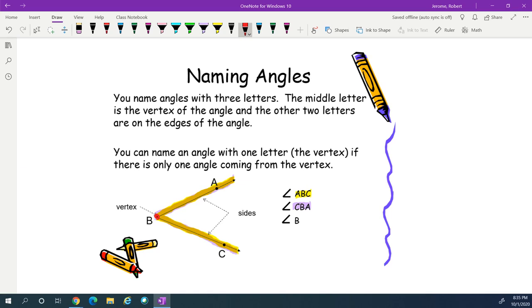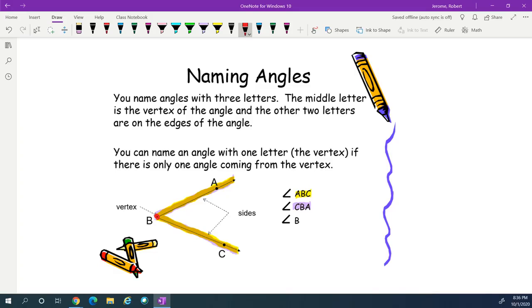That little icon matters because without it, are we just talking about the 3 dots, A, B, and C? Are we talking about the plane ABC? Are we talking about the angle ABC, the triangle ABC, the arc ABC? We have to know what we're talking about. So that little icon of an angle is very important.